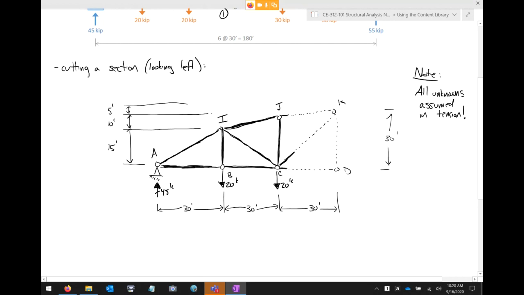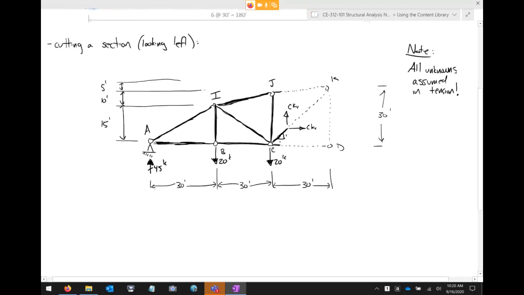Okay, all right, so let's start drawing out our unknowns. This is CKY, this is CKX, and remember this member is at a 1-to-1 because it's 30 foot over and 30 foot up. Sorry about that. This member here, let's call this PD.